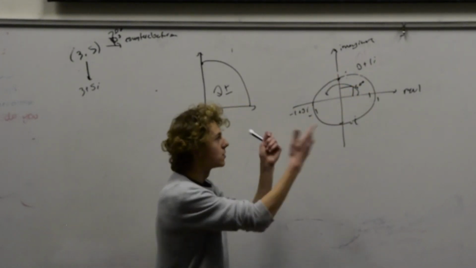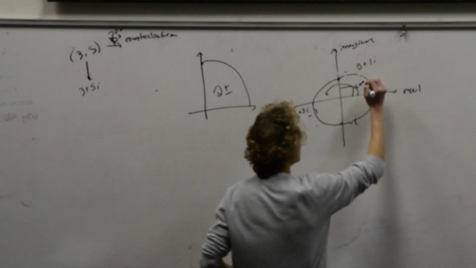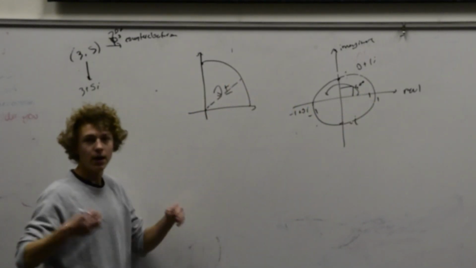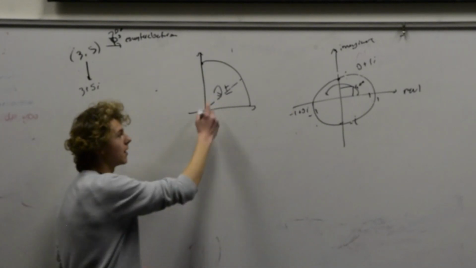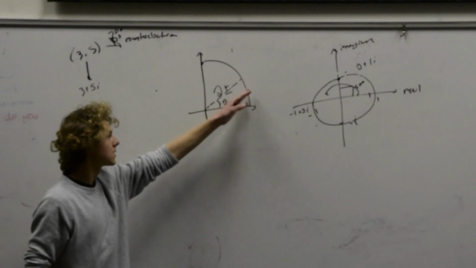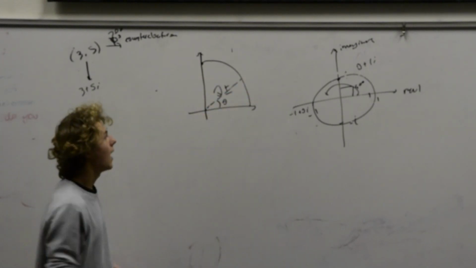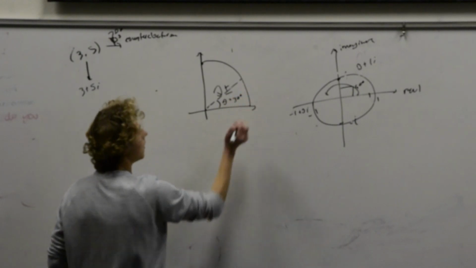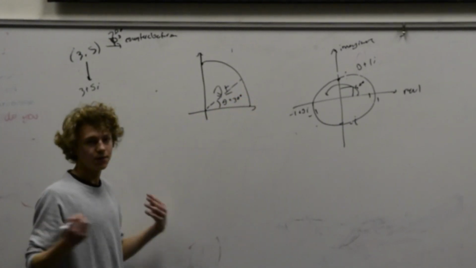So if we wanted to rotate 30 degrees, we simply multiply by another complex number that lies on the unit circle and has an angle from the real axis of exactly 30 degrees.